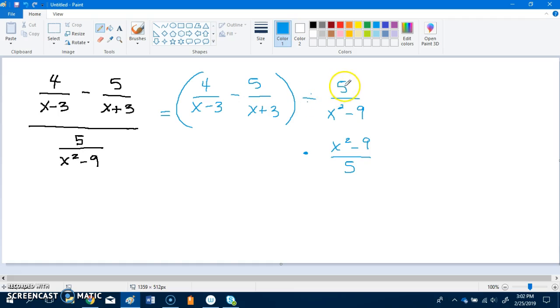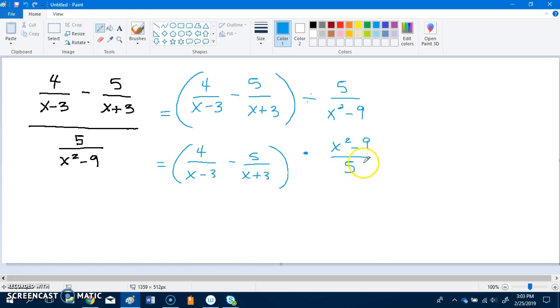Dividing by 5 over x squared minus 9 is the same as multiplying by x squared minus 9 over 5. We'll multiply everything once we simplify everything inside the brackets. So that's what my new expression looks like.